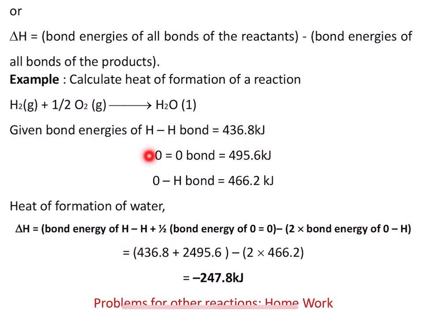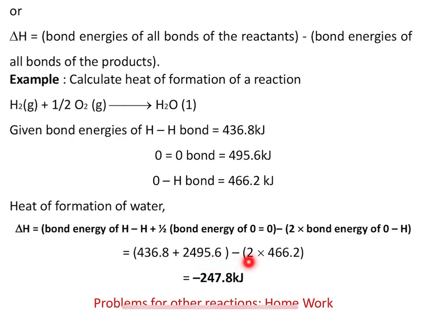I know all the values. The bond energy of hydrogen is equal to 436.8, I have substituted the value here, plus half the bond energy of O2, so the bond energy of the oxygen double bond is 496, and 496 into 2 is 2495.6.